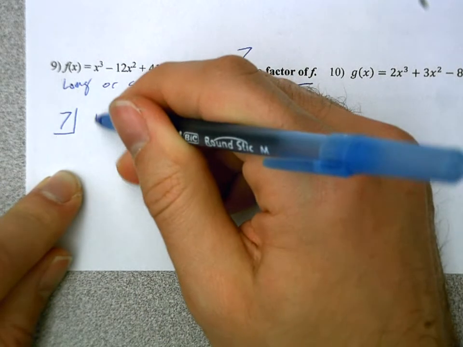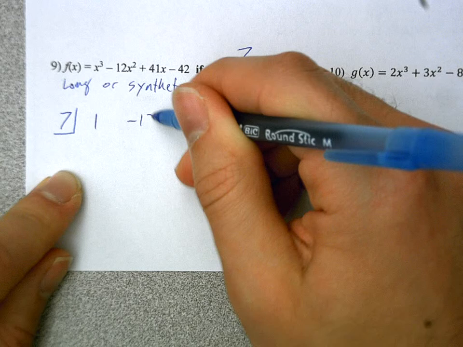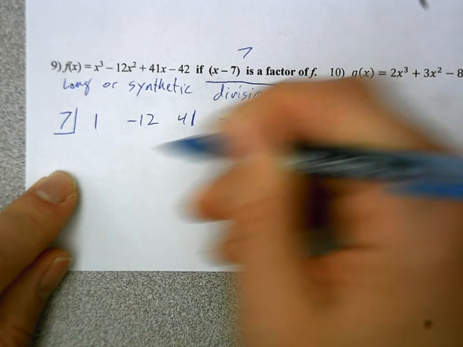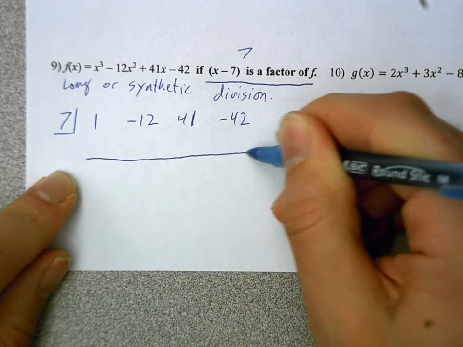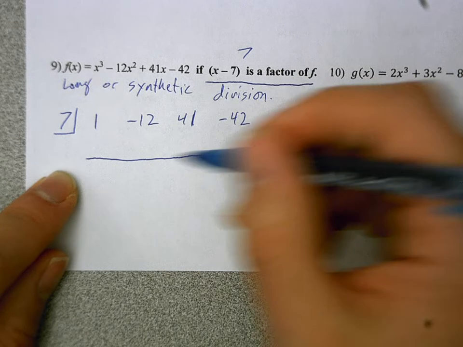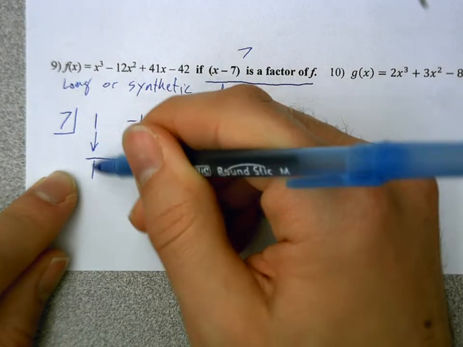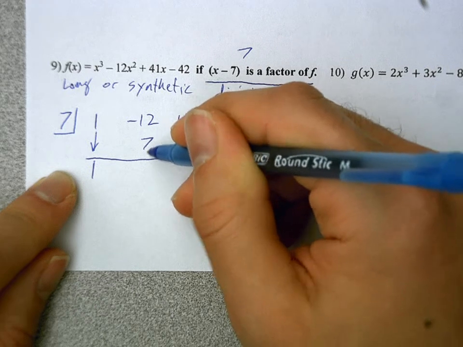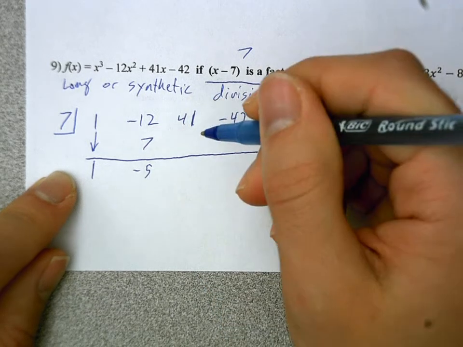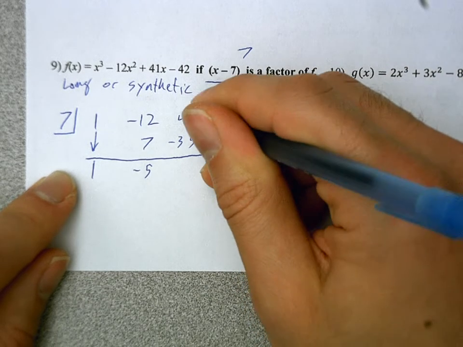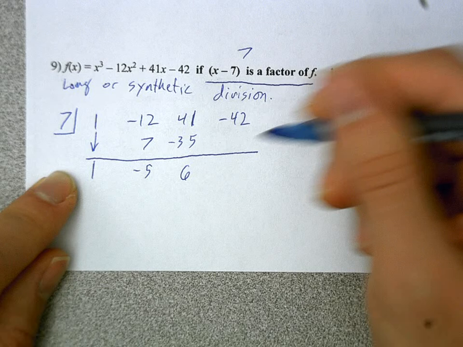Take the coefficients, 1, negative 12, 41, negative 42. Bring the first one down. 1 times 7 is 7. Negative 12 plus 7 is negative 5. Negative 5 times 7 is negative 35. 41 minus 35 is 6.